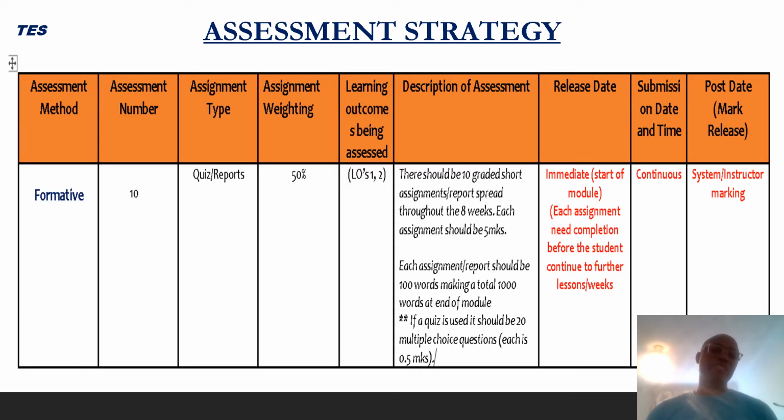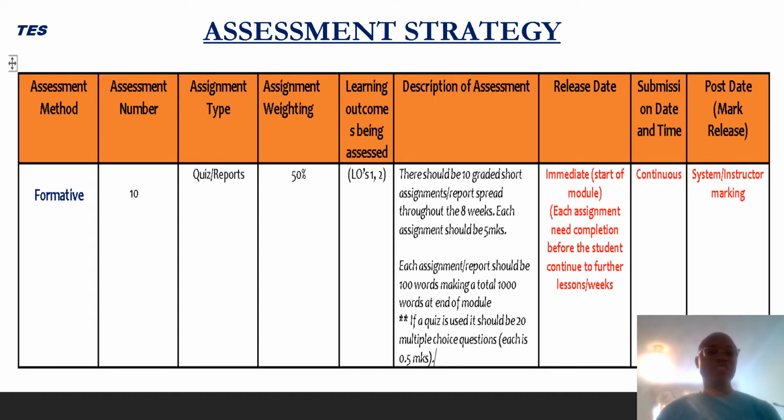So in terms of the CUT project, or all the 17 modules that we are designing, particularly the 16 which are the postgraduate ones, we're going to have a formative assessment, which is 5 marks each. Because for the formative assessment, the weighting is 50%.